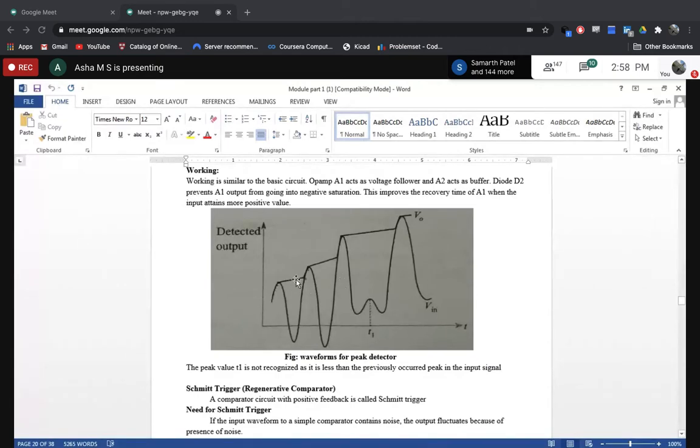That is the capacitor's charge value. Once the capacitor attains the peak value, it doesn't get discharged. For the capacitor to discharge, you have to close the MOSFET switch externally. Until you discharge it explicitly, it doesn't get discharged, so it maintains that value.